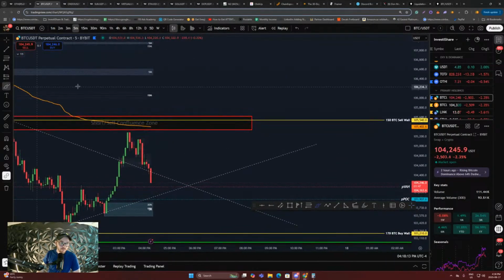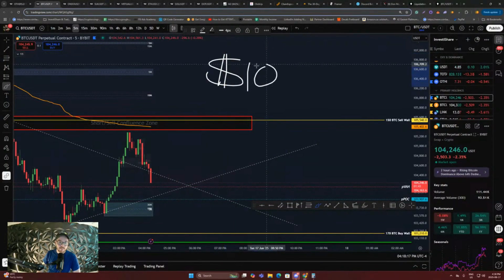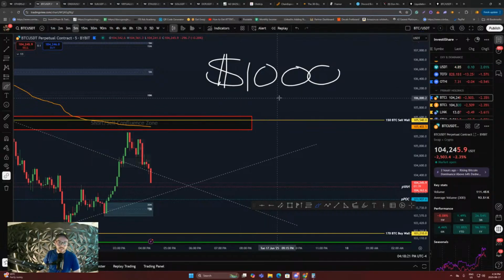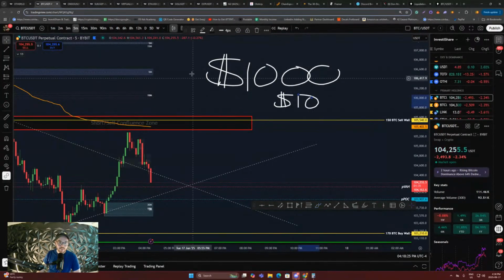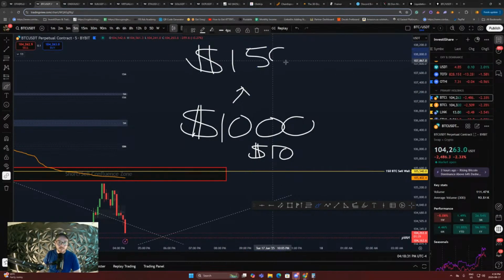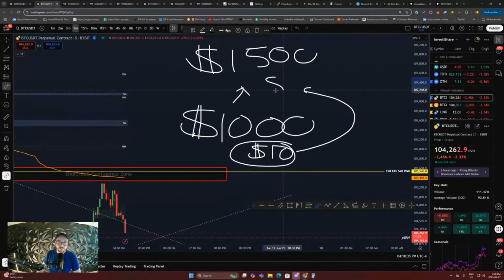What you should be doing is, I recommend milestone risk management, especially if you're a beginner, where you're risking to lose $10, for example, until you grow your account to your next milestone, which could be a $1,500 account. And then at that point, you evolve your risk to $15.